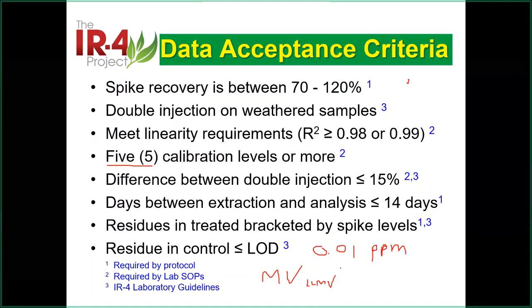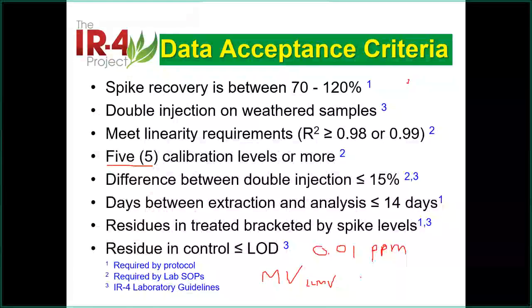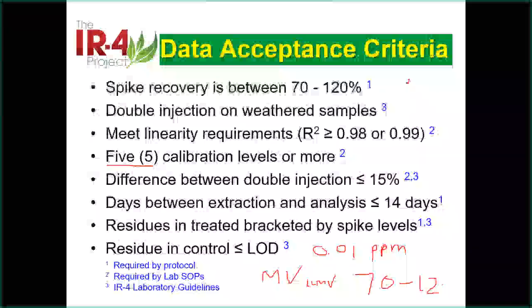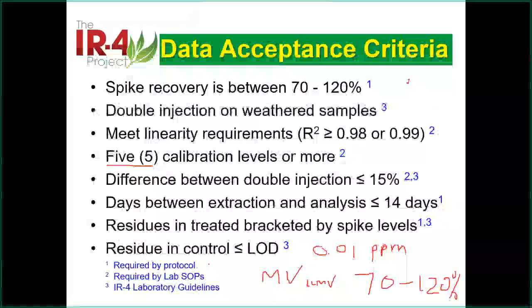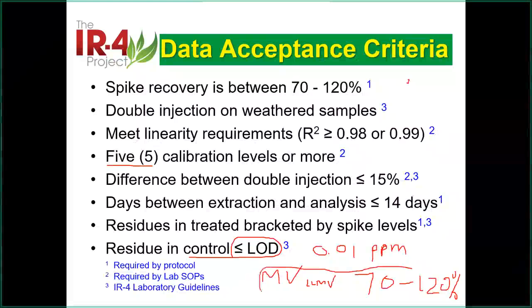In this case, there's no way you can get into the 70% to 100% range. So what's the requirement? The residue in the control should be less than LOD. If it is greater than LOD, you will never be able to get your spike in this range.